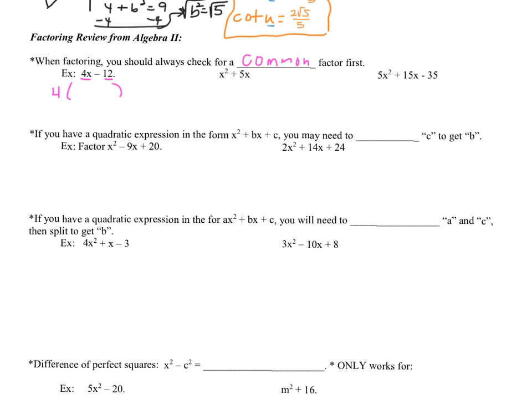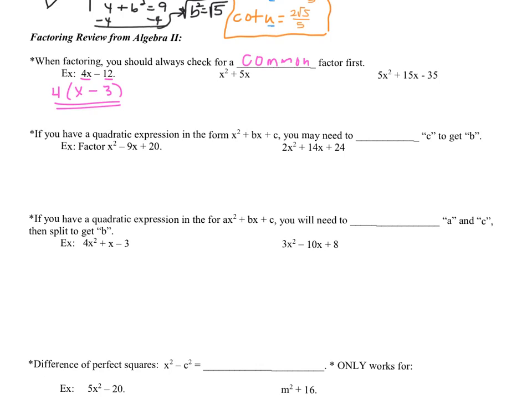Factoring 4 out of 4x would give us x left over, and then we keep the same sign. If we factor 4 out of 12, 4 goes into 12 3 times, we'd have x minus 3 left over on the inside. So factoring is just a way to break down a polynomial into a product of smaller parts.